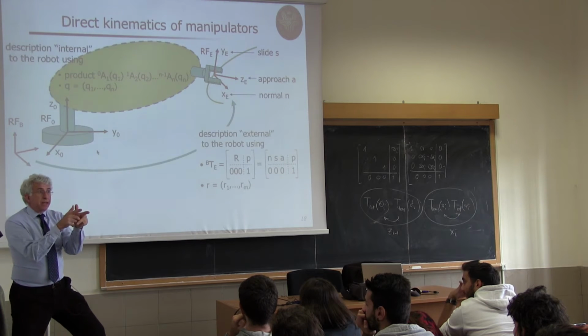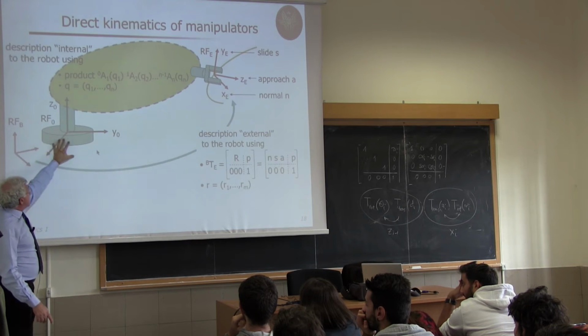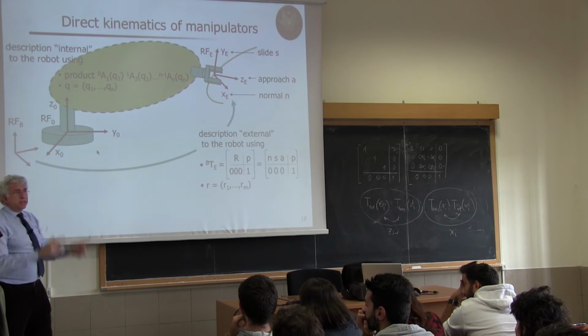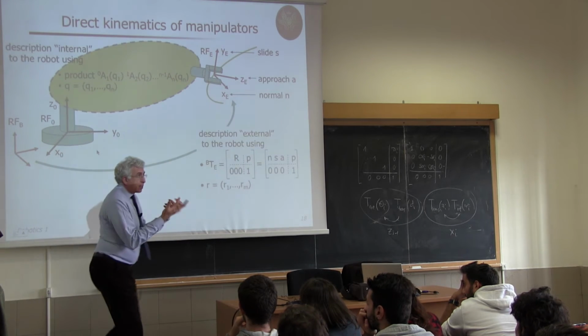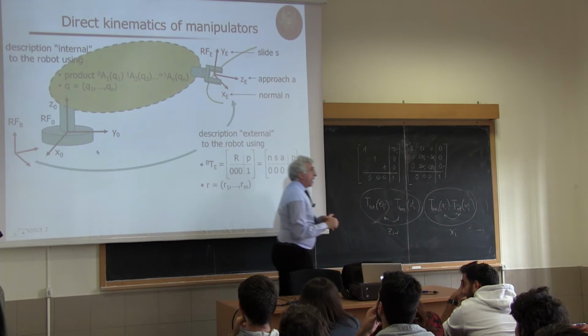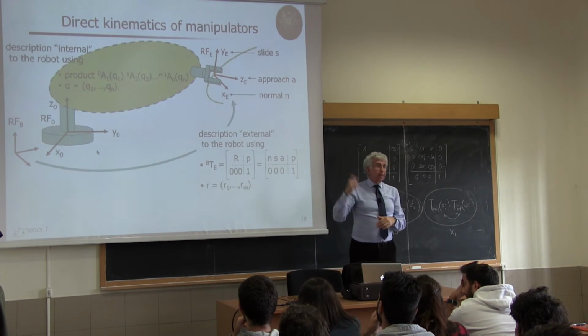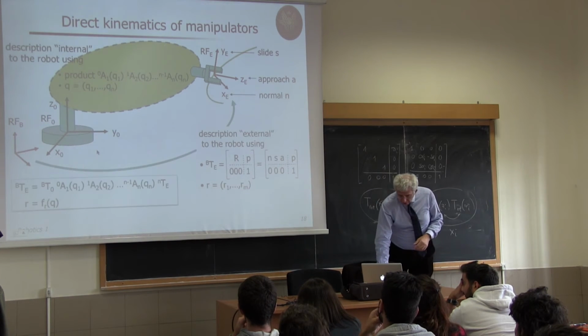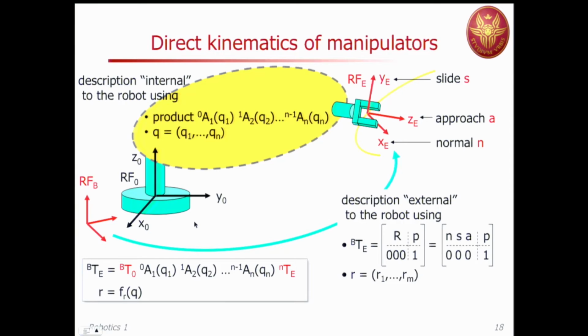It is on the same link, but like here, they are both on the base, but they may be displaced. So I need another transformation which is constant to bring the nth frame of the Denavit-Hartenberg notation into the end effector frame. So putting it all together, I have this identity.